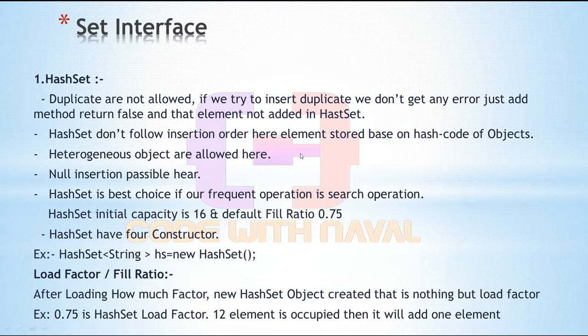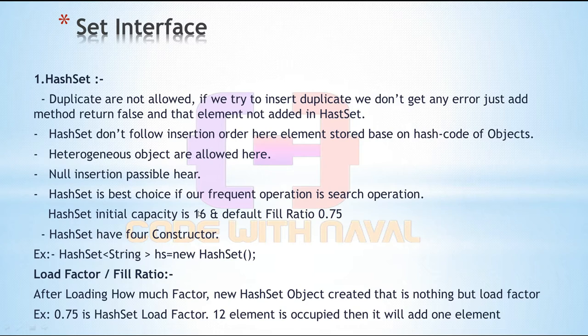Then you might be thinking, what are the load factor and fill ratio? After loading how much, will a new HashSet object be created? That is nothing but the load factor. Here you can see it will not wait until all 16 elements are occupied. Once 75% of the 16 elements are occupied, it will create a new HashSet.